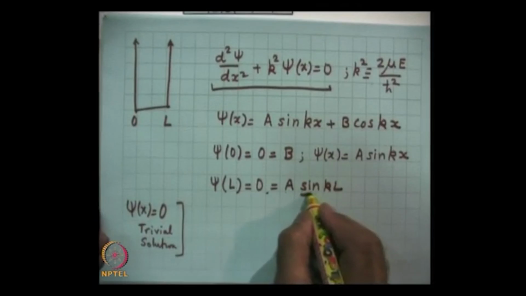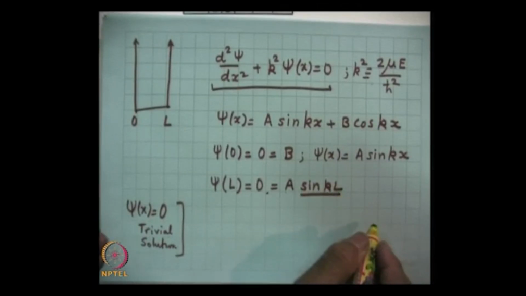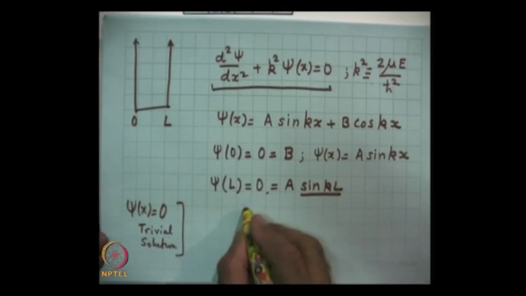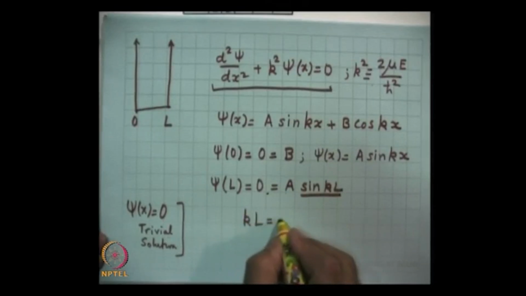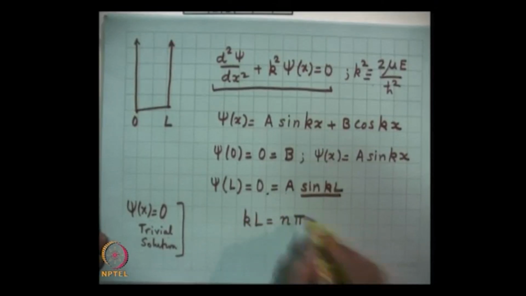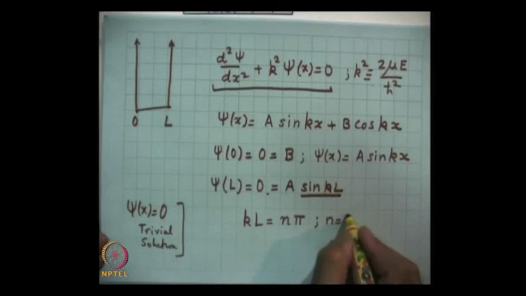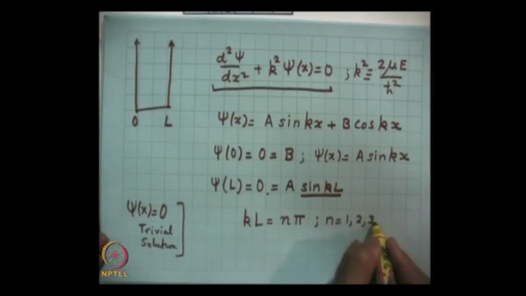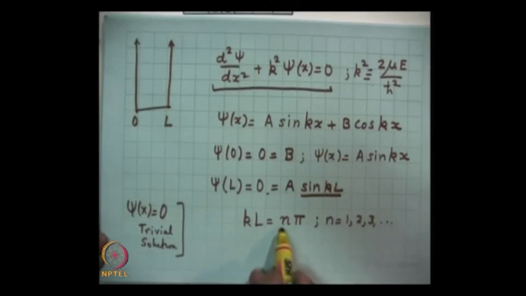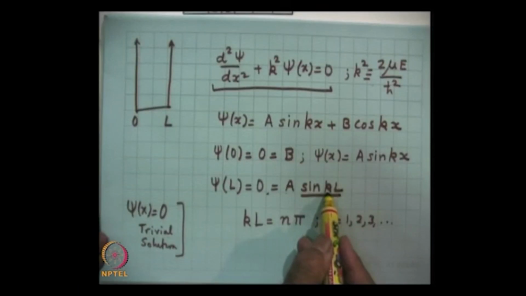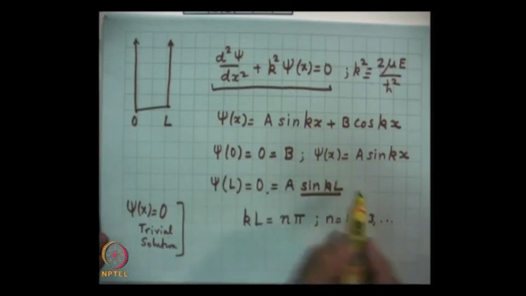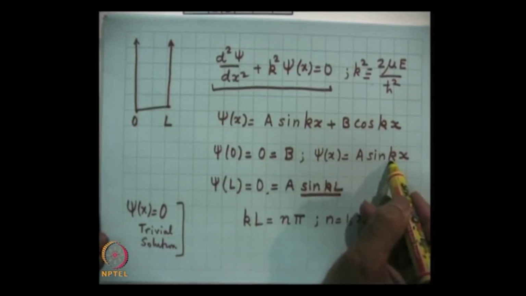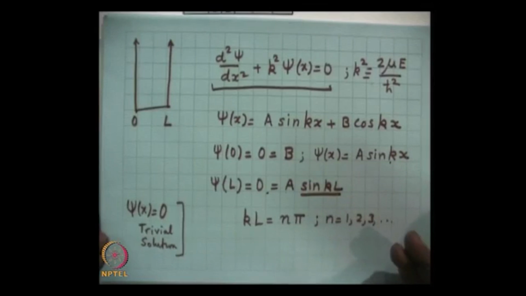The other thing that can happen is sin k L is equal to 0, that is, k L is equal to n pi, where n is equal to 1, 2, 3, 4. I have excluded the value n equal to 0, because if k is 0, then psi of x is 0.